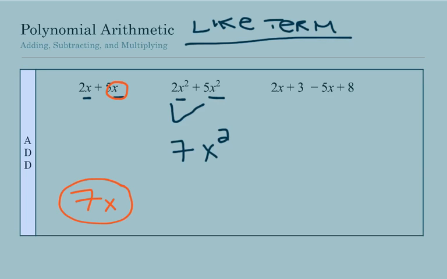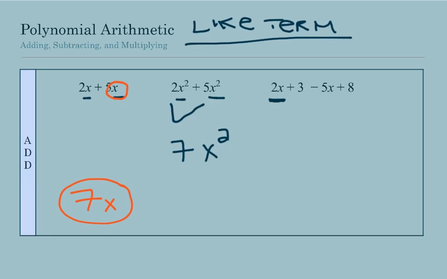You do also have to keep in mind, we've been checking that they're like terms, even though there were just the 2, because in situations like this third problem over here, 2x plus 3 minus 5x plus 8, not everything is a like term. So I'm going to look at 2x and think, what can I combine it with?